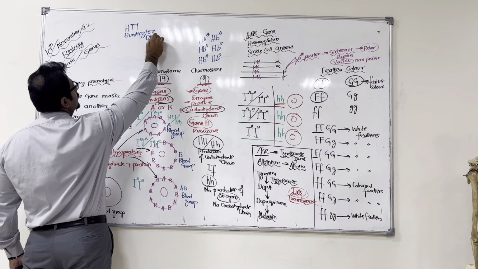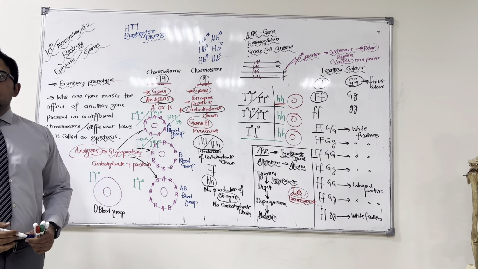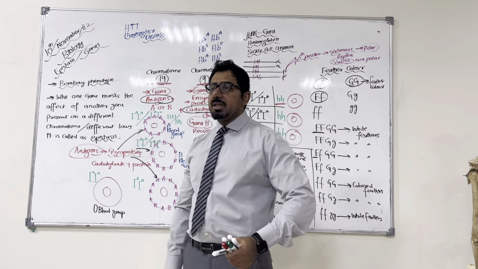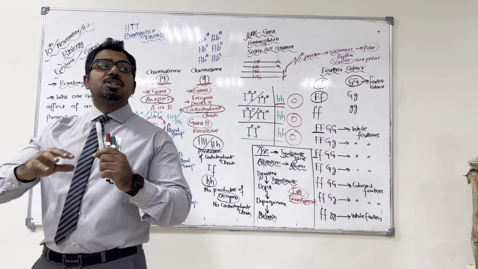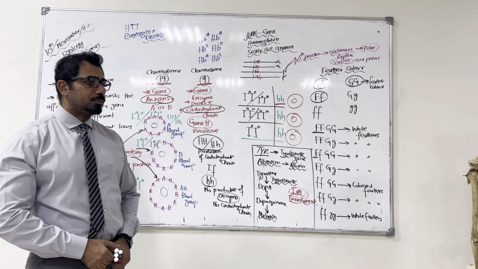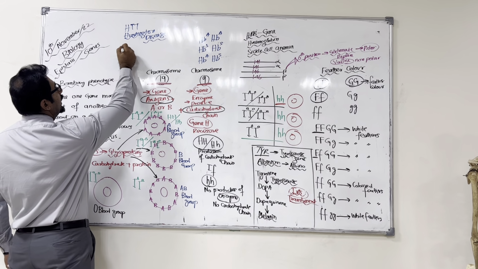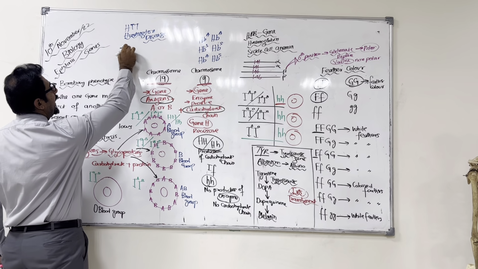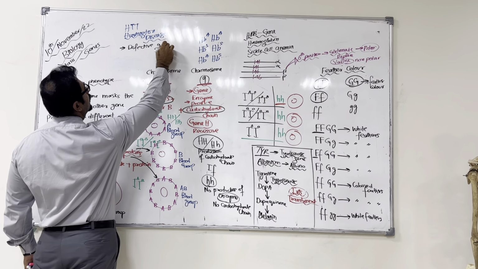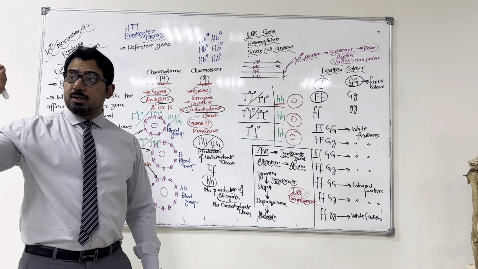Now boys, this Huntington disease or Huntington gene, very interesting. This Huntington disease, it is because again of a defective gene. This is very important thing.